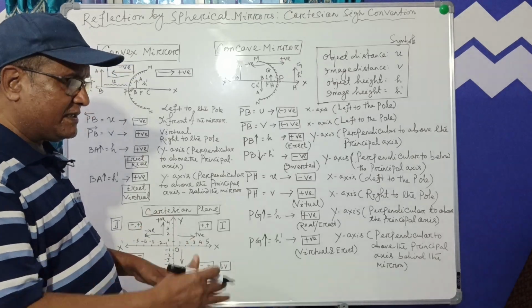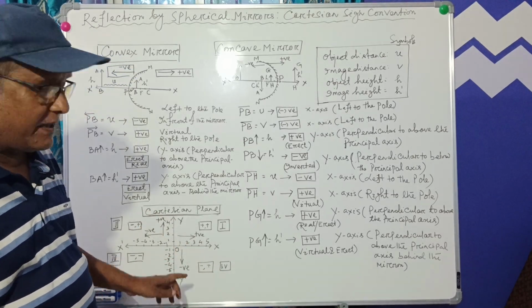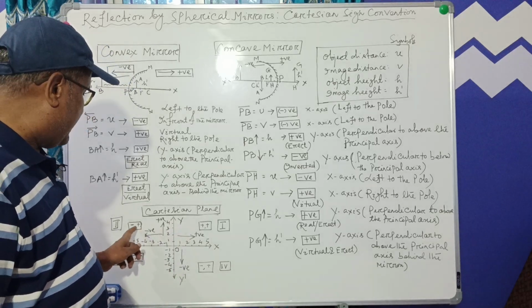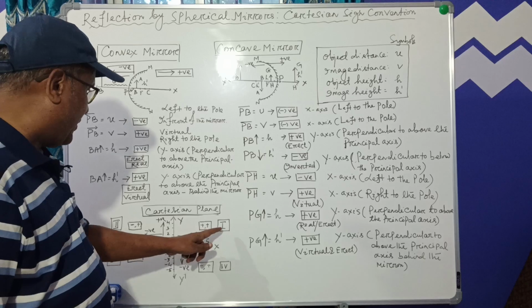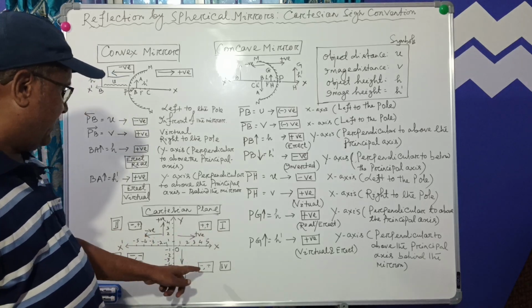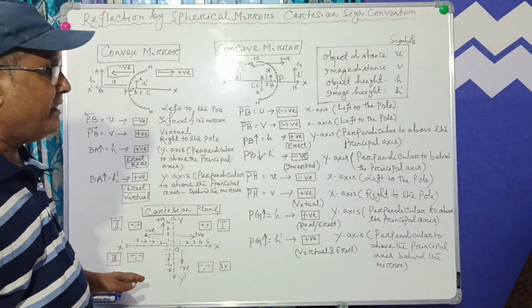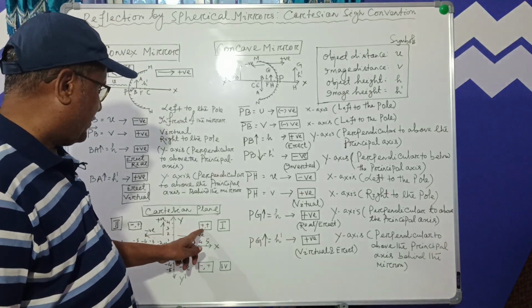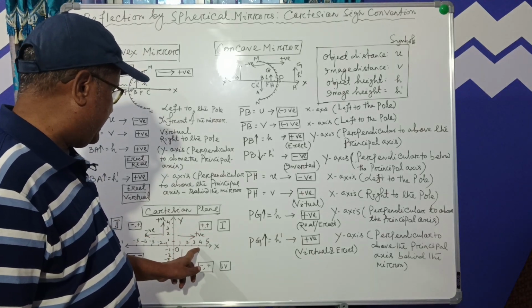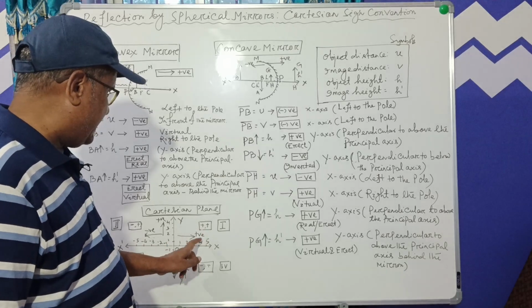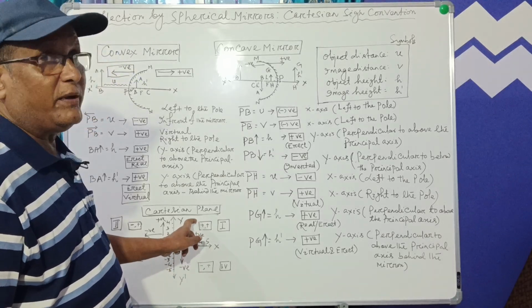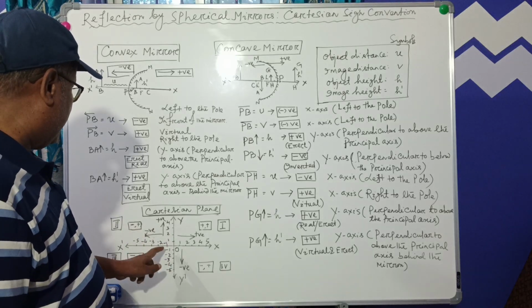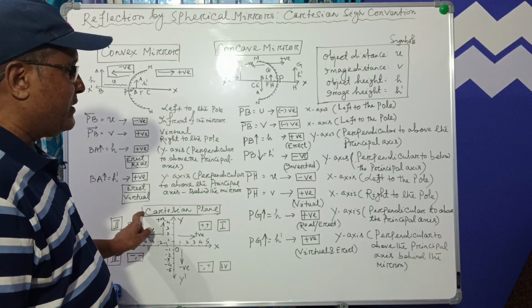When two axes are perpendicular to each other at point O, four quadrants are formed: quadrant number 1, 2, 3, 4. You might have learned it in class 9 coordinates. In this quadrant, plus is the x coordinate and plus is the y coordinate. Then this is minus, plus: minus is the x coordinate and plus is the y coordinate.